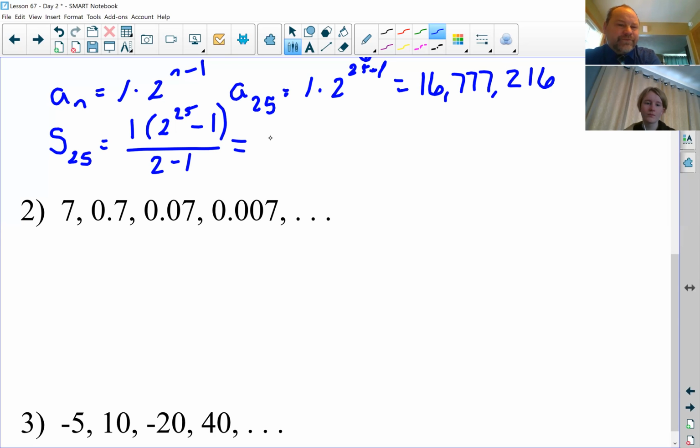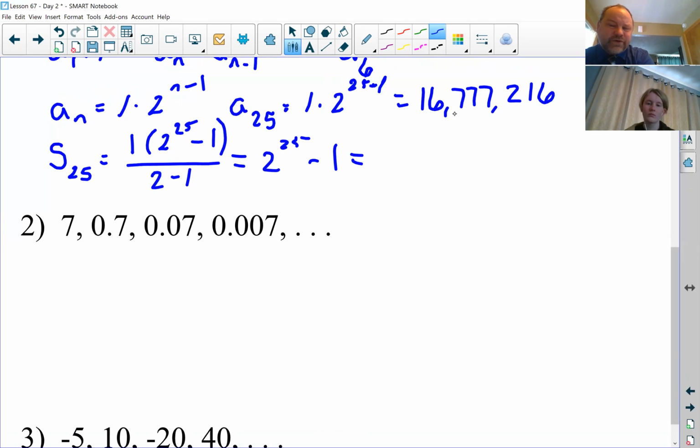This is really just going to be 2 to the 25th minus 1. Since this was 2 to the 24th, 2 to the 25th would be 33,554,432, and subtract 1.